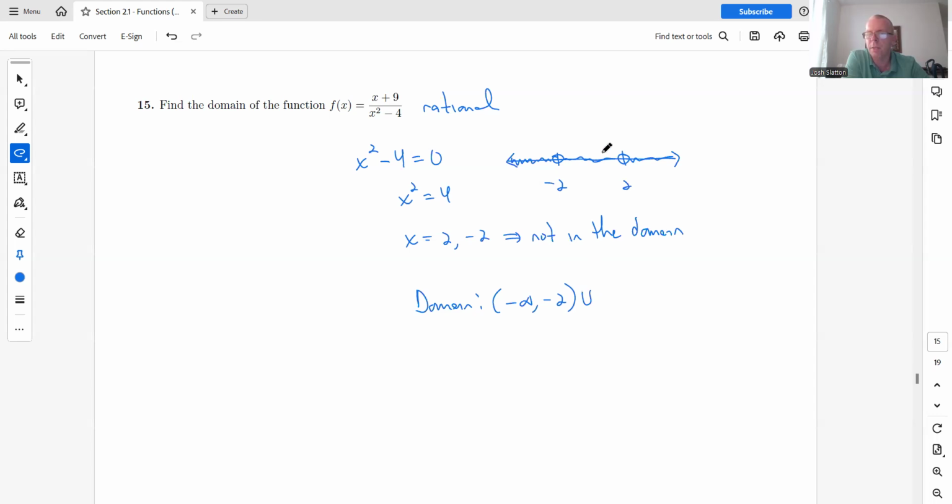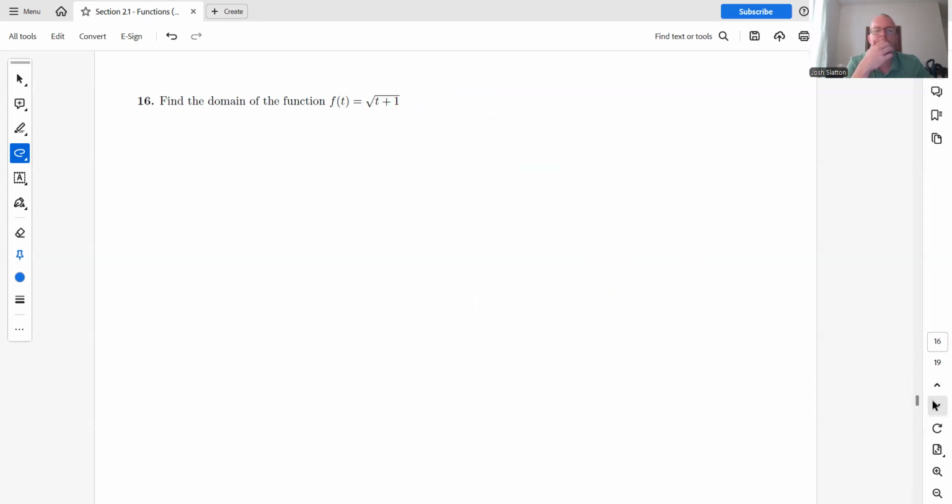Union, the middle interval would be -2 to 2, both in parentheses. Union, and then the last interval would be 2 to infinity. And there you go. So anytime it's a rational function, set the denominator equal to 0, solve for x, and then everything else is what's in the domain.